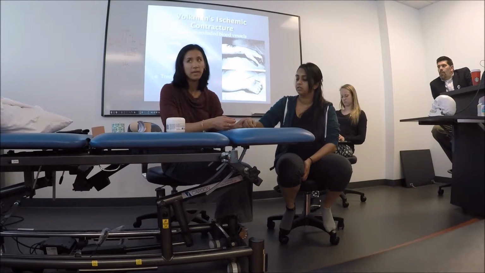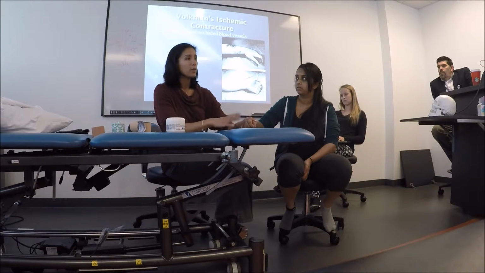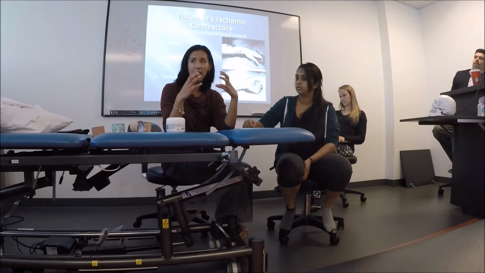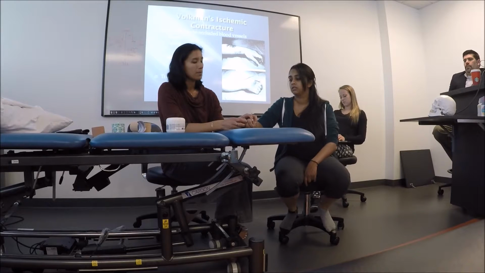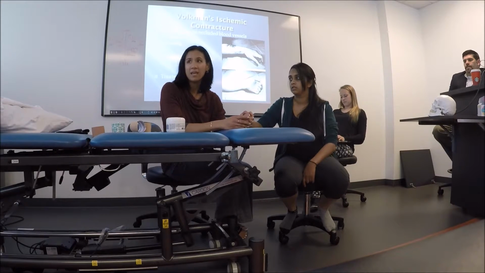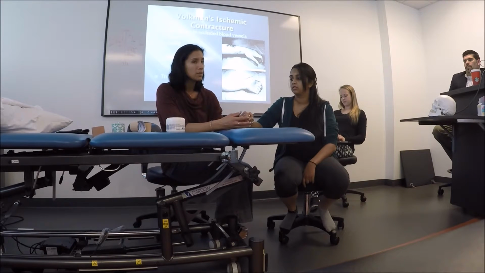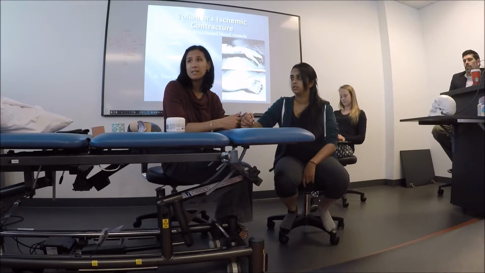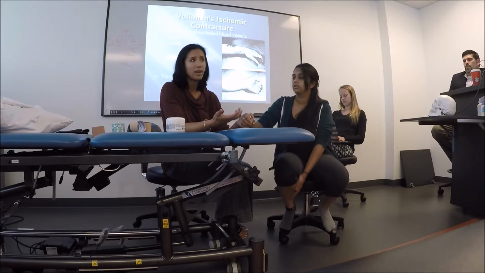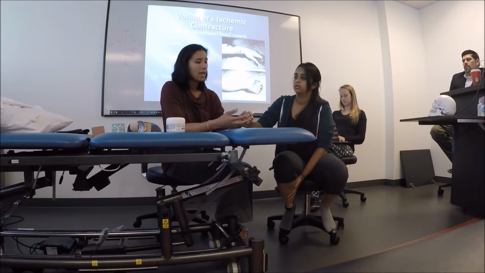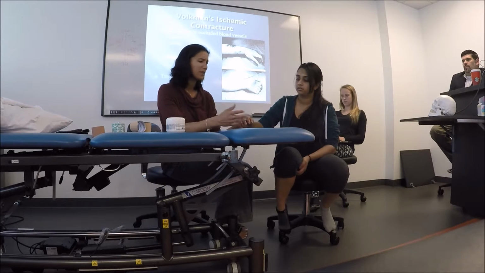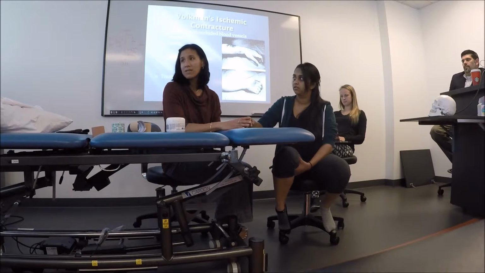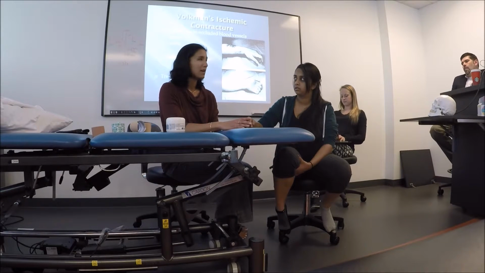Sometimes when people get casted, they get casted while there's still swelling going on, so that swelling will push up against that cast, occlude their blood vessels, and then they start having numbness, tingling, pain, discoloration in their fingers. So they may come to you while their cast is still on, or perhaps it's just come off, and they've got discoloration, pain, and they're like, oh, I can't even feel my fingers anymore, and you're thinking, there's some amount of edema that's normal, but that's not so normal.